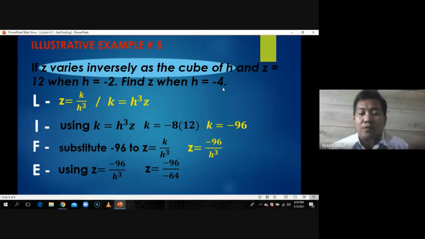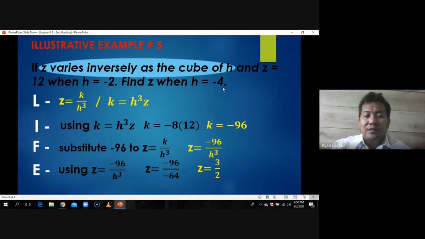So we now have Z equal to 3 over 2. Both 96 and 64 are divisible by 32. Yun yung GCF nila. So since both of them are negative, the quotient will be positive. So the value of Z is equal to 3 over 2.